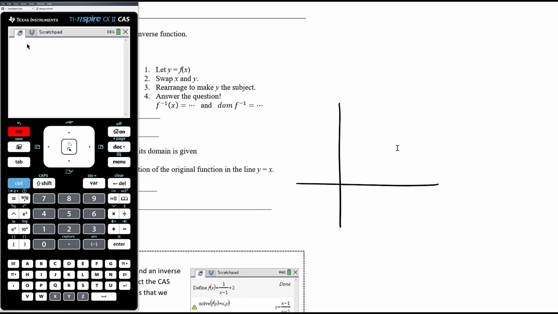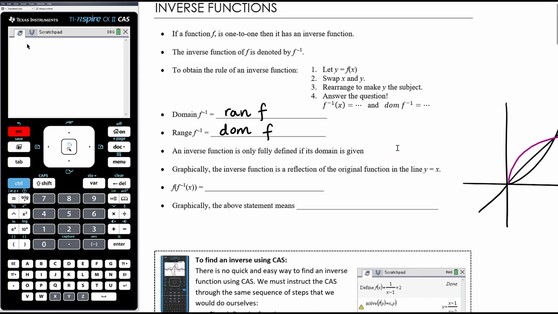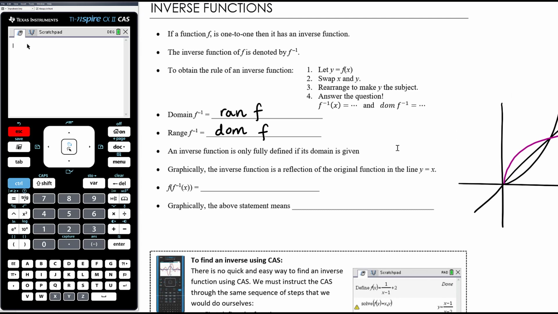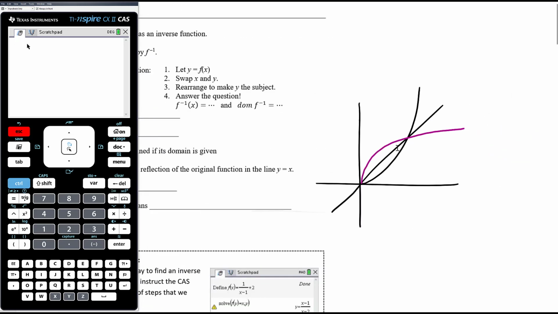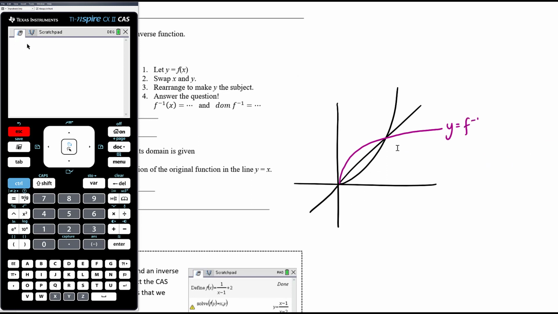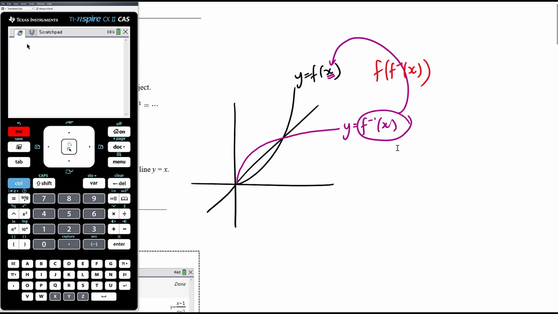So as I said, let's say we've got the line y equals x, okay, and we had a curve going this way. Its inverse would be a curve going this way. So graphically, the inverse, I've said that. So the next point is f of f to the negative 1 of x. Okay, so if this is y equals f to the negative 1 of x, and this is y equals f of x, and you take this function and sub it into this function, so that you are doing f of f to the negative 1 of x, or if you did that in reverse, it would also be the same to sub the original function into the inverse function.